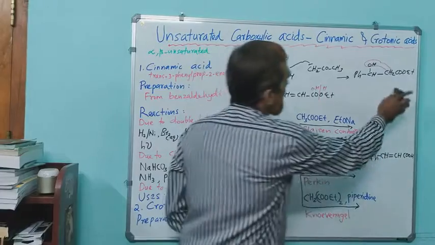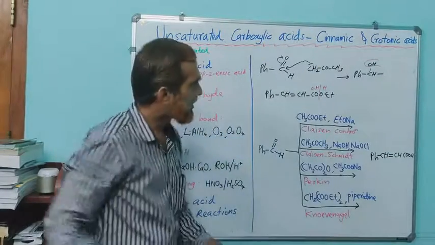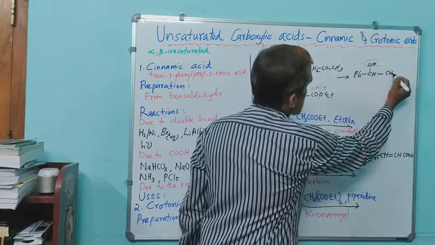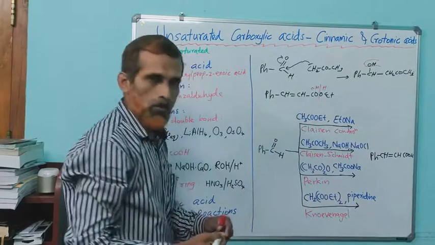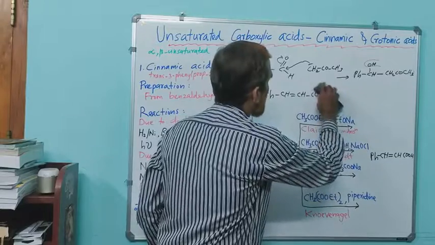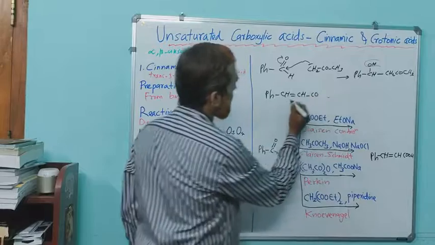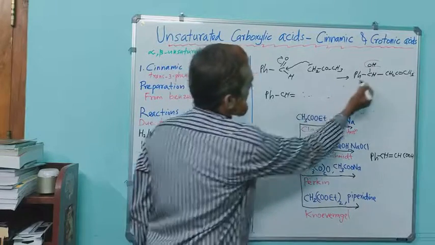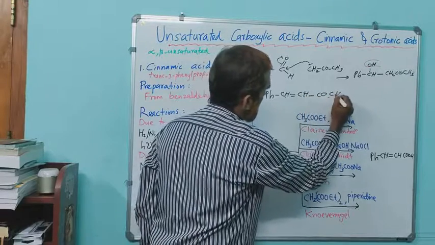So what do you get now? You will be getting CH2COCH3, which will lose water as usual, and it becomes CH double bond CH, COCH3.